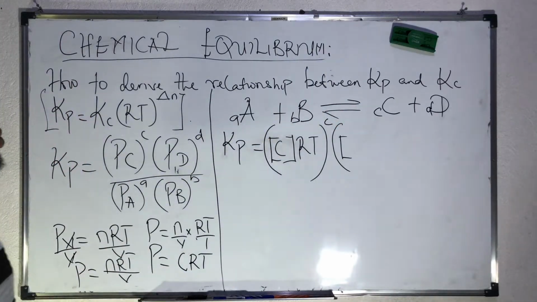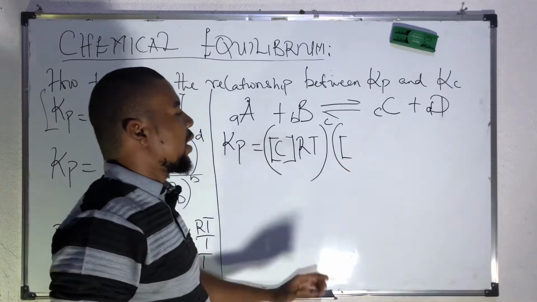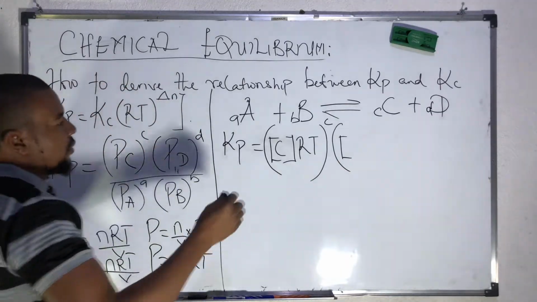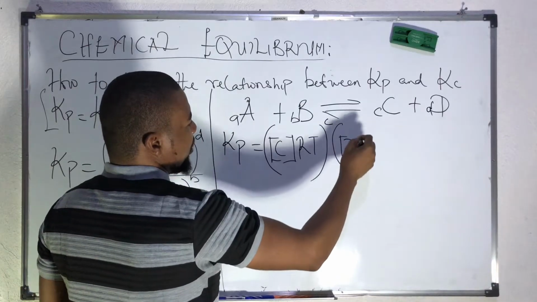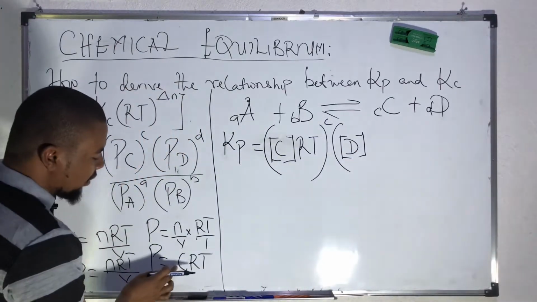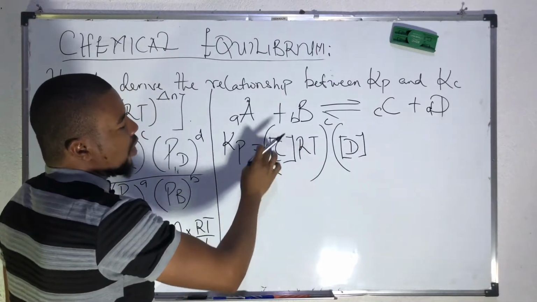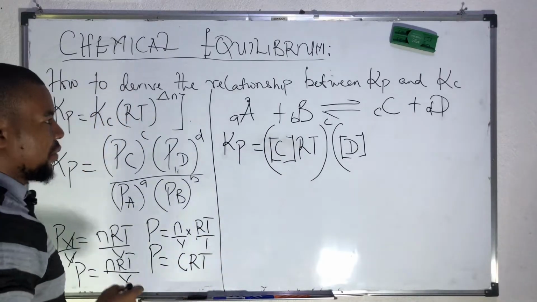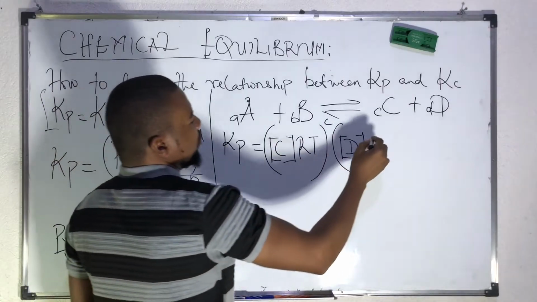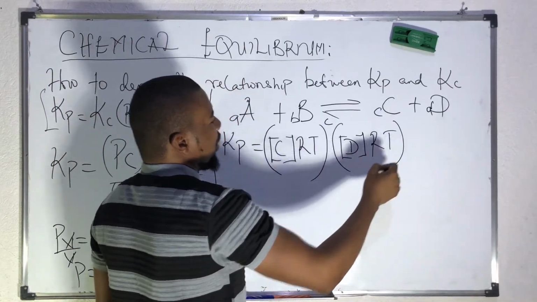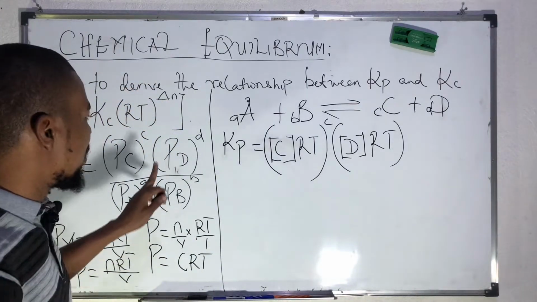So we're going to use this square bracket for concentration. Now the next one is our D. We say the concentration of D. Remember, this C here refers to concentration, and we use square brackets to denote concentration. Now, the next thing is to multiply it by RT again, and we raise it now to the power of D.